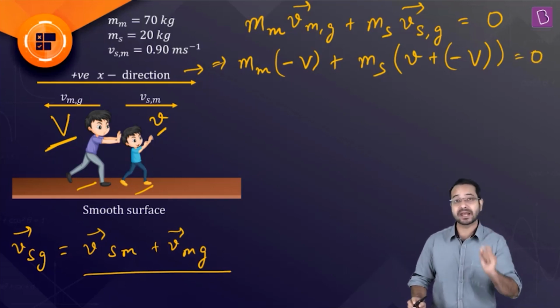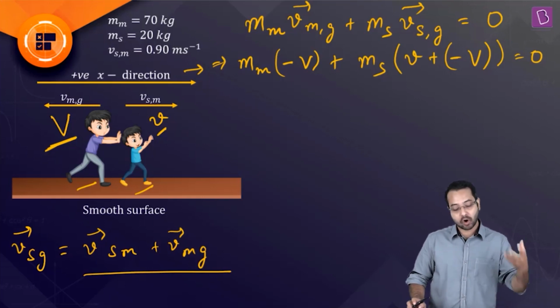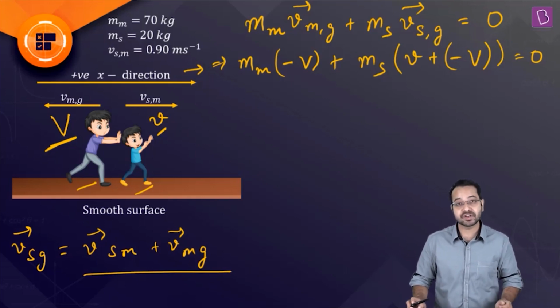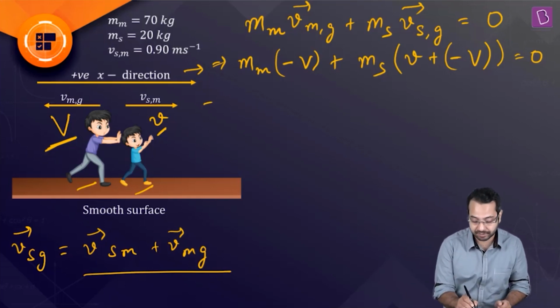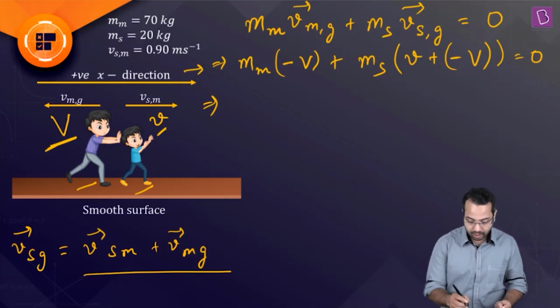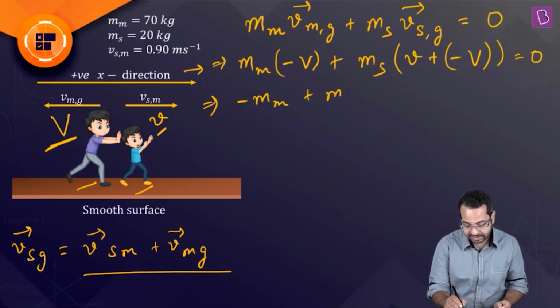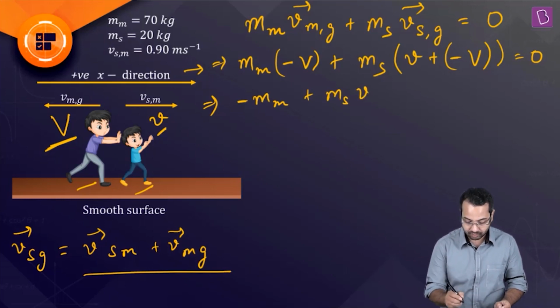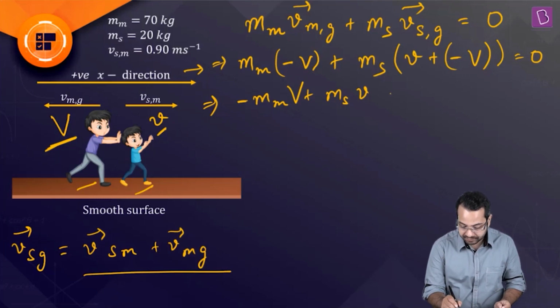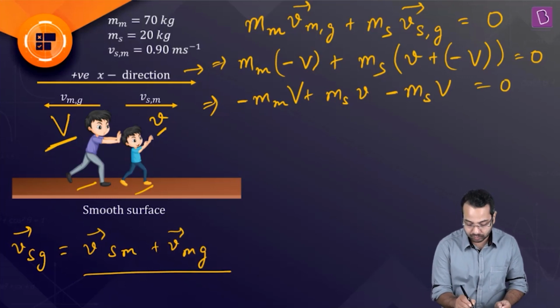All right, be very careful that the substitution or the linear momentum conservation has to be done from the ground frame. So now we have minus m_m V plus m_s v, and then we have a capital V here as well, minus m_s V, and this is equal to 0.